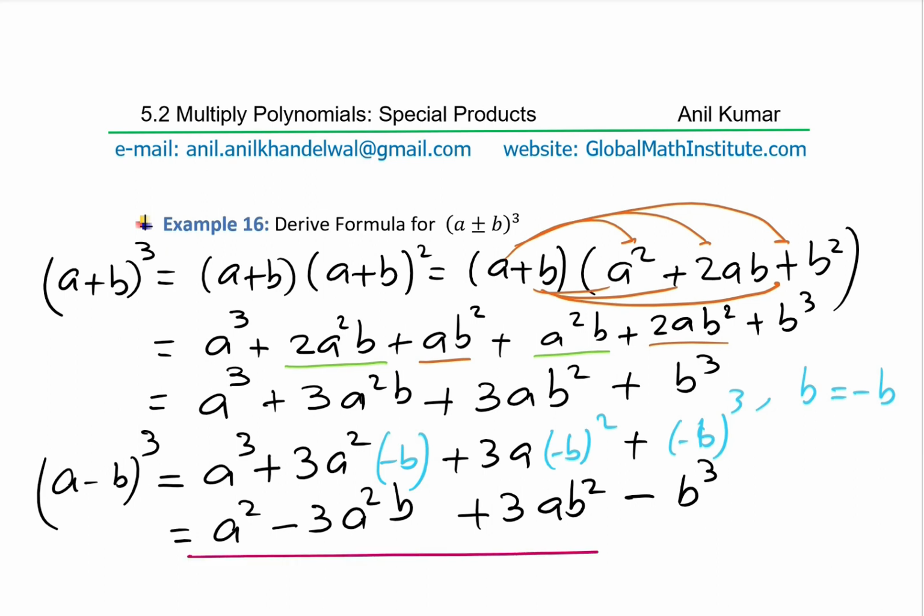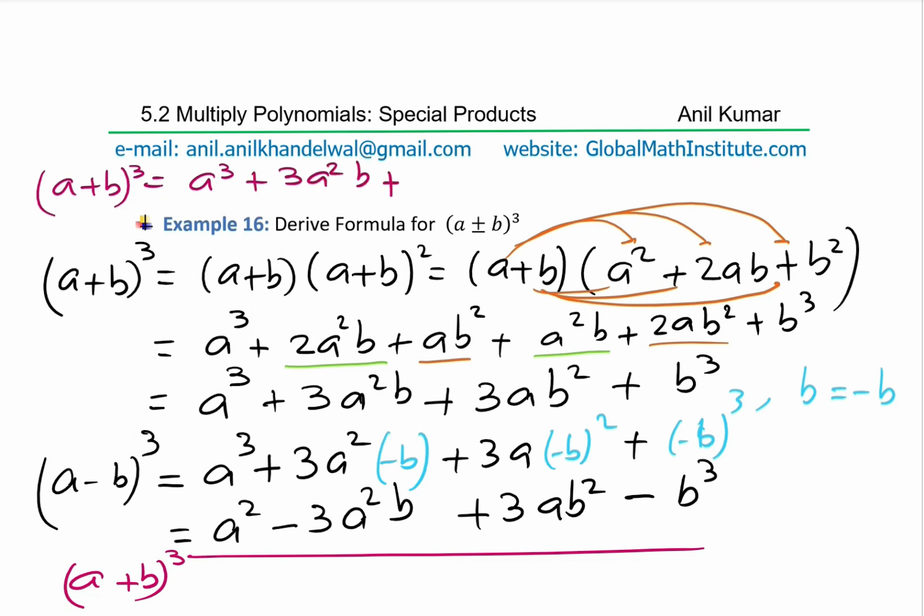So instead of expanding and simplifying, we applied it to the same formula and we actually got our common formula, which is (a plus b) whole cube can be written as, let me write down here, (a plus b) whole cube is equal to a cube plus 3a square b plus 3ab square plus b cube.